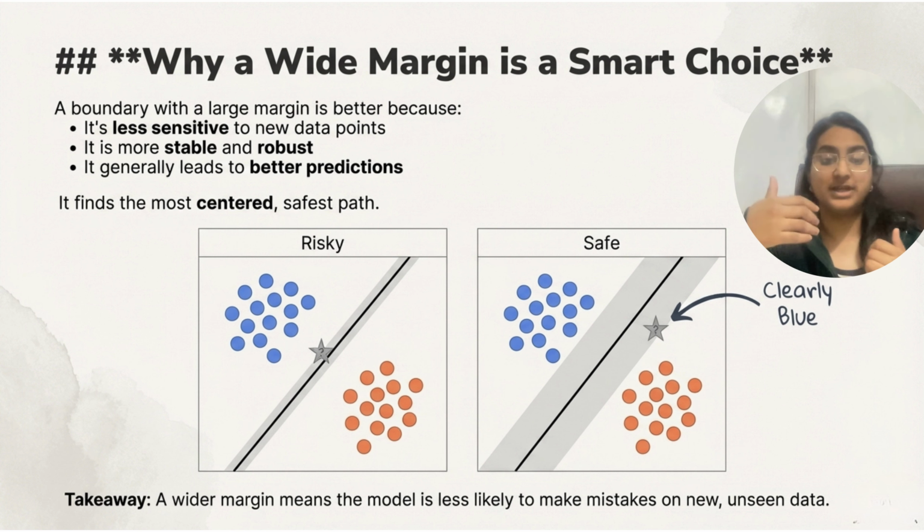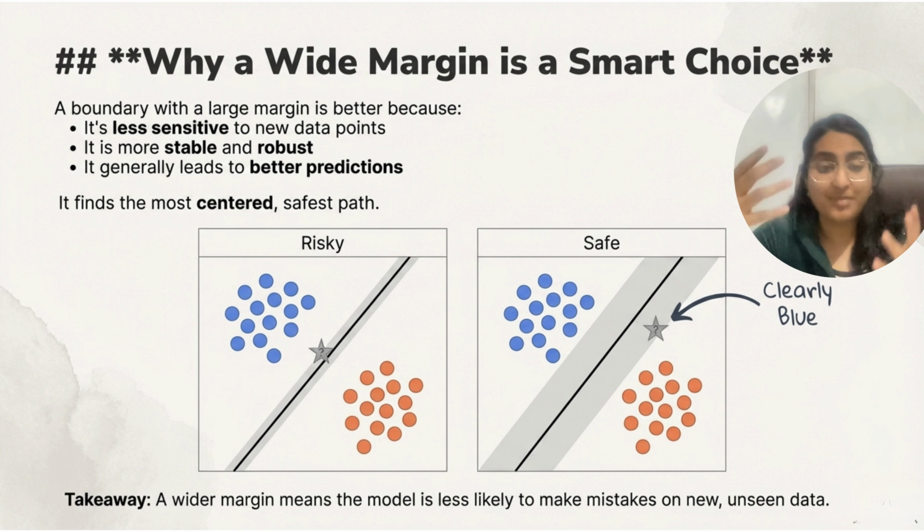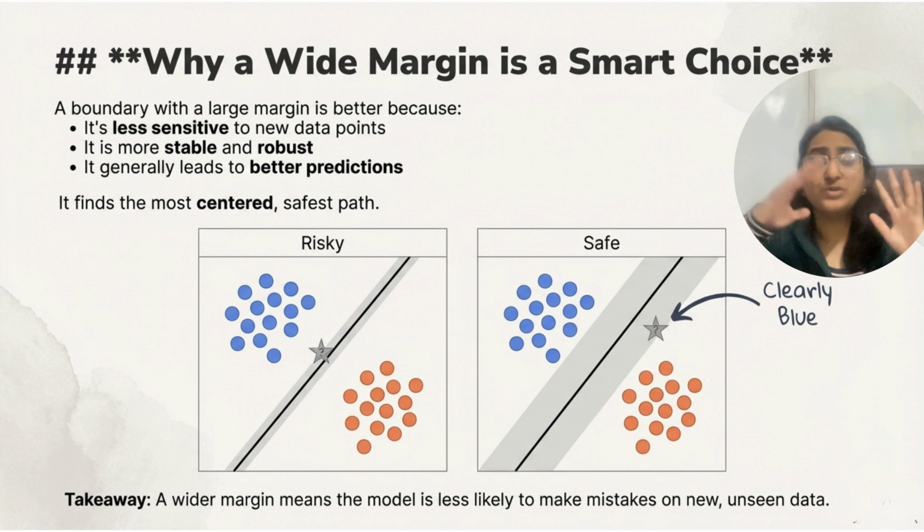And on the other side, if the margin is wide, that means the boundary has breathing space. So a wide margin means more stable prediction, less sensitivity to tiny changes, and better performance on unseen data. So SVM picks the boundary that feels more centered.